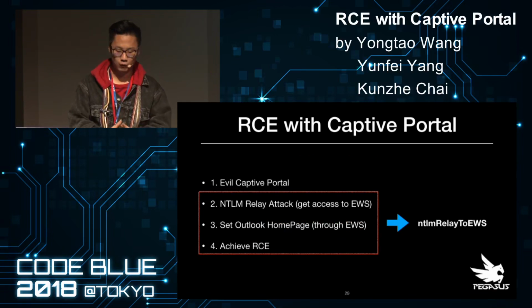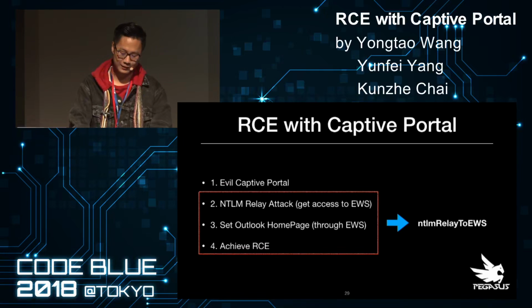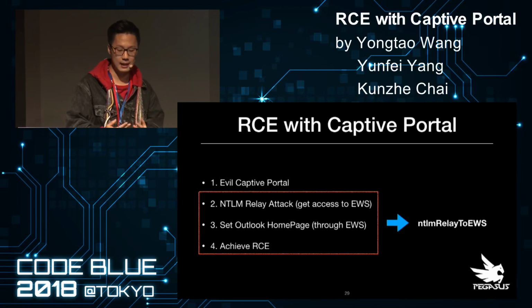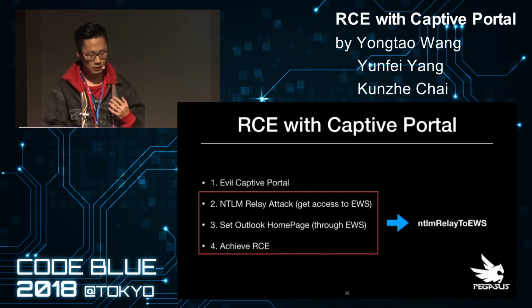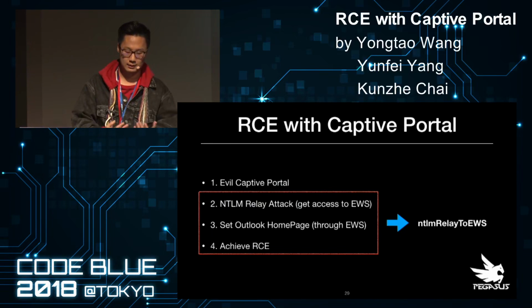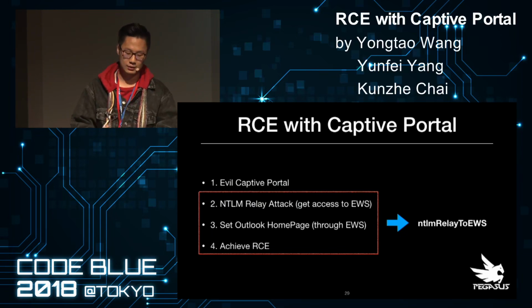The steps of the process are as follows. One, we must have a fake AP or another AP with a captive portal. Two, the NTLM relay attack. Three, setting the Outlook homepage through EWS.